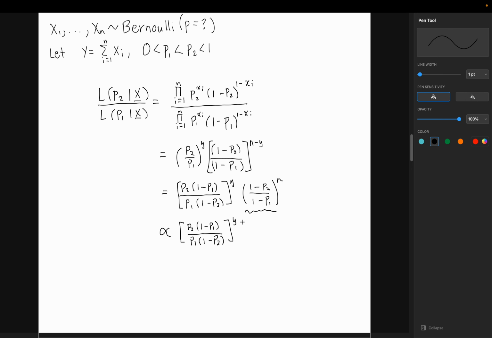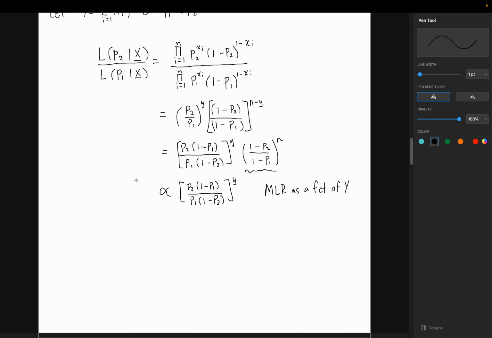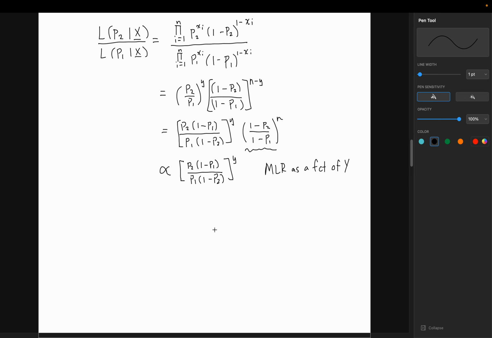Now to determine whether or not, well, first off, this is a monotone likelihood ratio as a function of y. But to determine whether or not it is increasing or decreasing, I have to know whether or not the term inside of the square brackets is less than 1 or greater than 1.